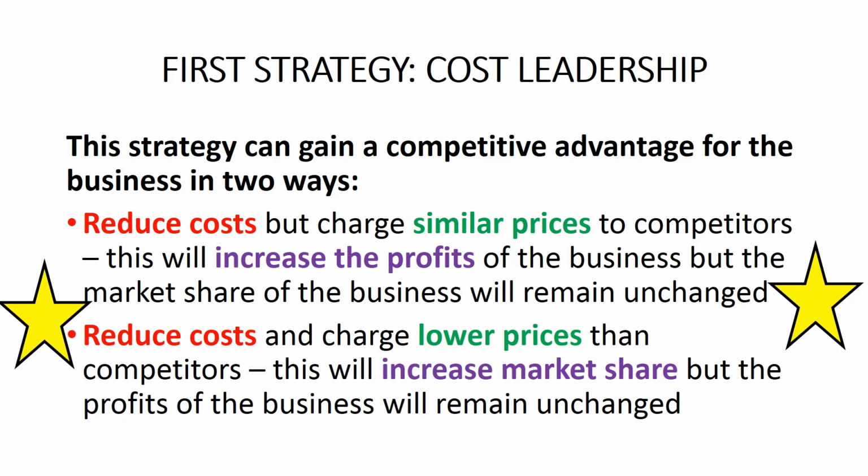It's not going to be attracting away customers from its competitors, and it's not going to be losing customers to its competitors because its prices remain similar to its competitors. However, because its costs are lower, it will be making increased profits, and we know that profit maximization is a very important business objective.